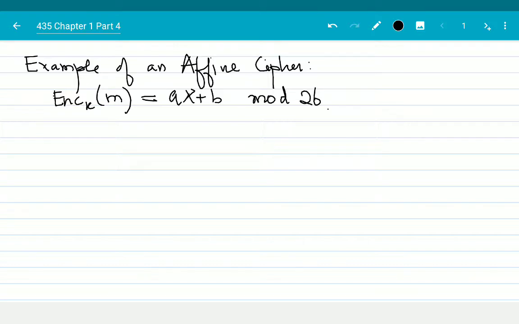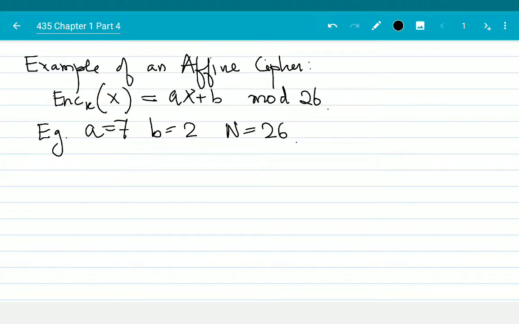Sorry, this should be encryption of X, not encryption of M, since we are doing letter by letter. And for convenience, for example, let A be equal to 7, B equal to 2, and N equal to 26. And so the cipher I am looking at is encryption of X is equal to 7x plus 2.